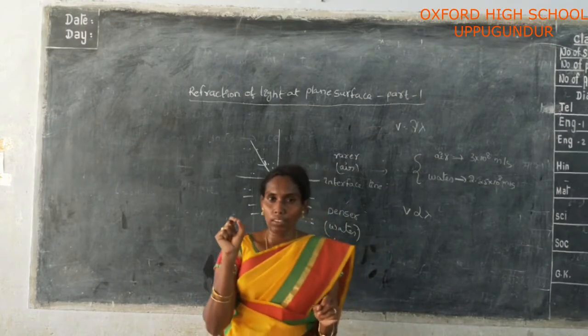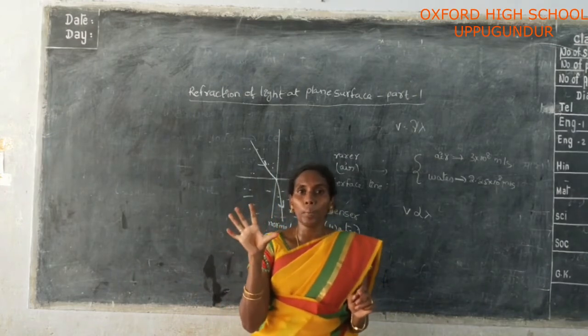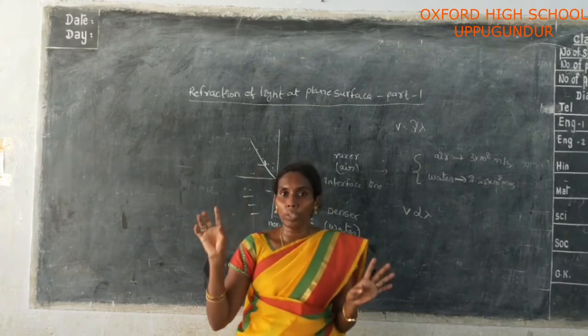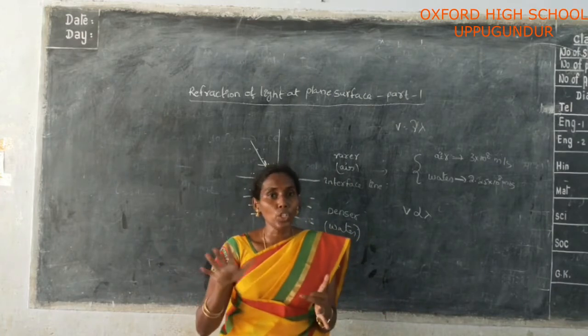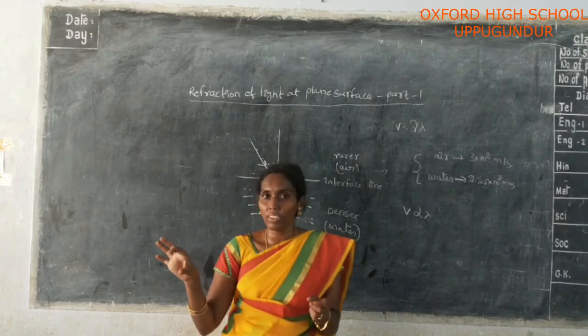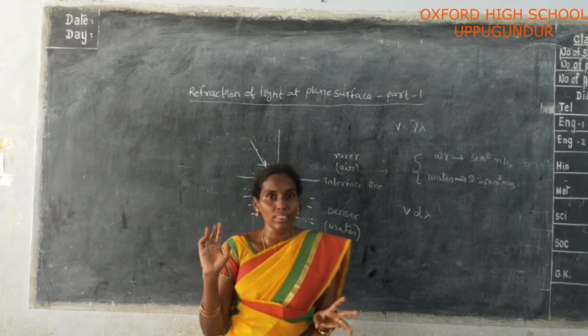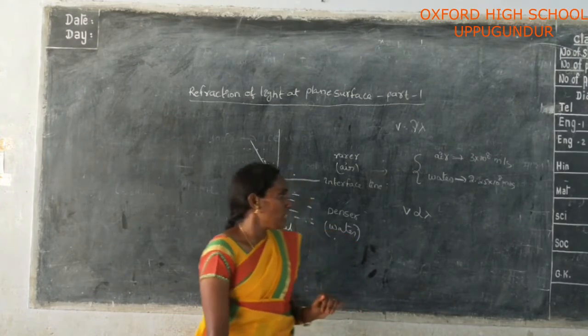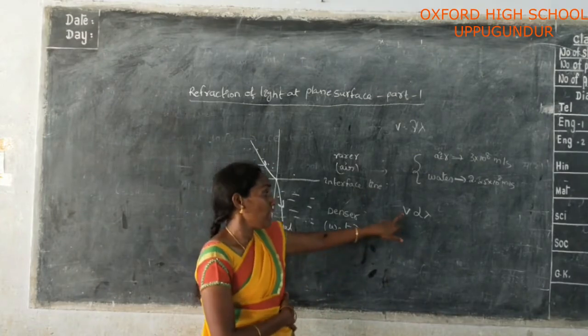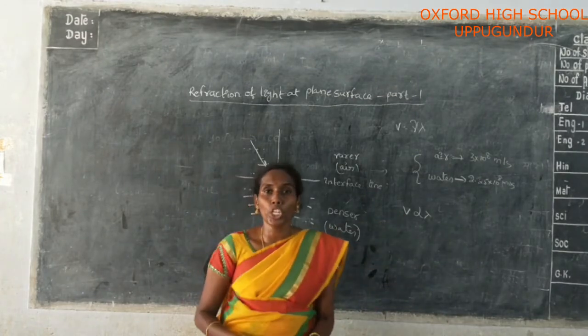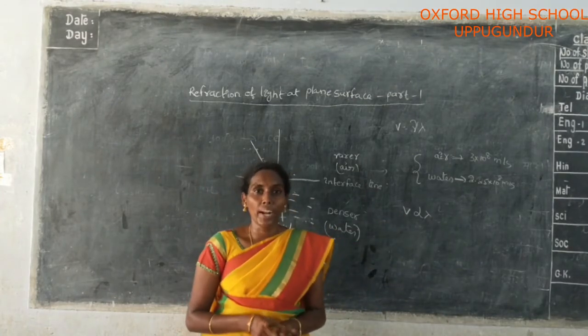Listen carefully, this is a very important one. When the light ray travels from one medium to another medium, wavelength and velocity change, but the frequency remains constant. Here velocity is always directly proportional to the wavelength of the particle.